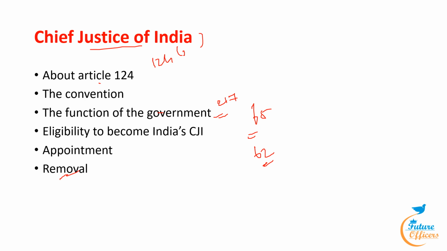Now, what procedure is used to recommend and appoint judges? The appointment of judges is carried out through the more than 20-year-old collegium system, which consists of 5 senior judges of the High Courts and Supreme Court. The Constitution only refers to the President's consultations.